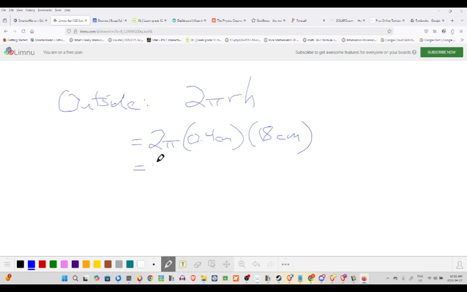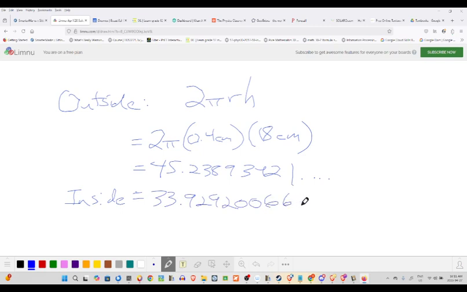So we have 2 pi times 0.4 times 18, which is 45.238933421. The inside, same formula, but with 0.3 for the radius instead of 0.4. So that is 33.929200066.